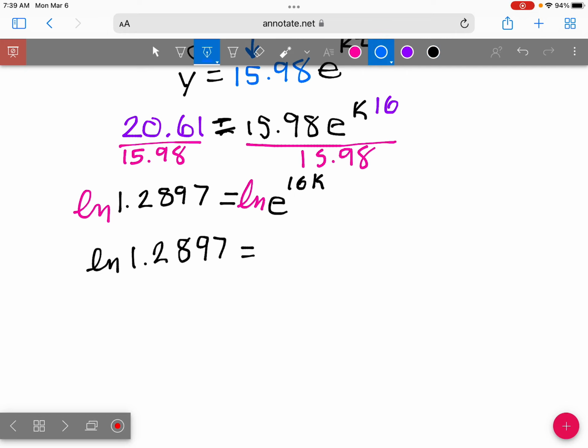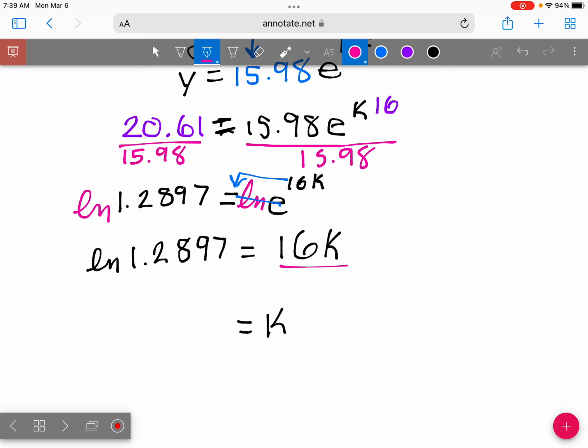The natural log of e, that cancels out. This 16k has come down and become a multiply, and the ln of e is just a 1. So what we get is ln of 1.2897 equals 16k. We're still trying to figure out what k is, so how can I get k by itself?